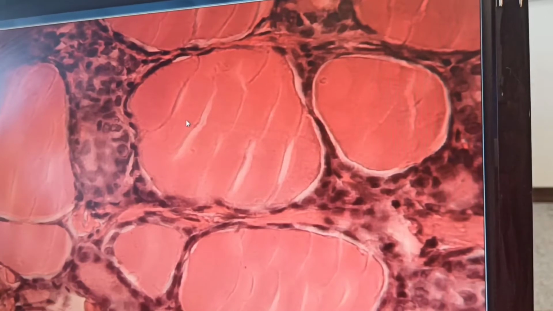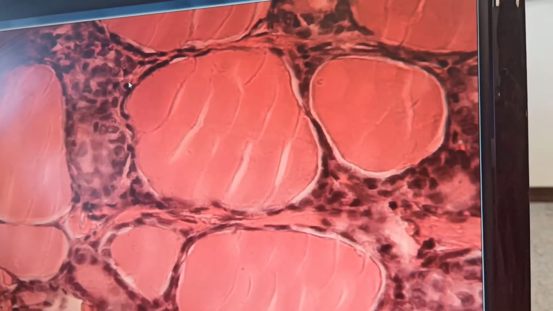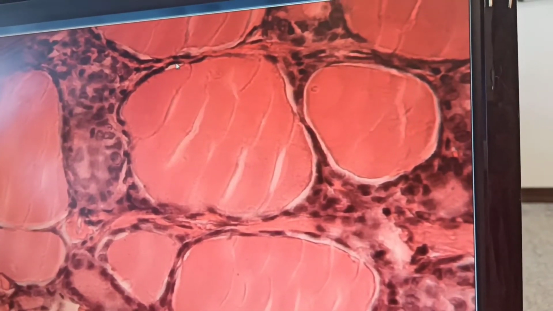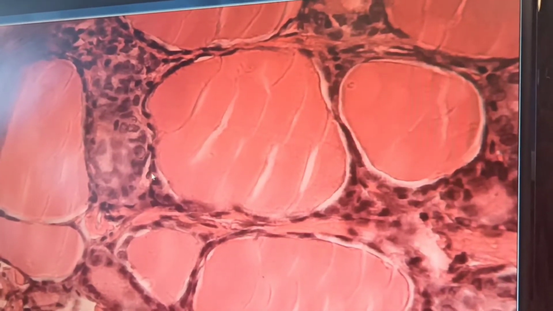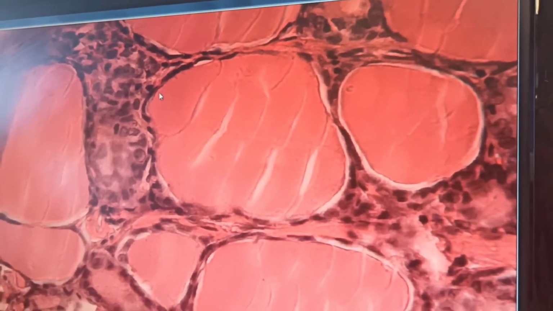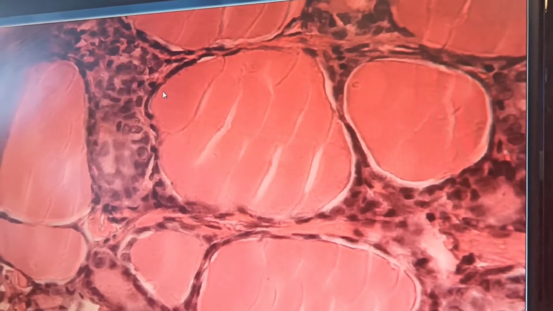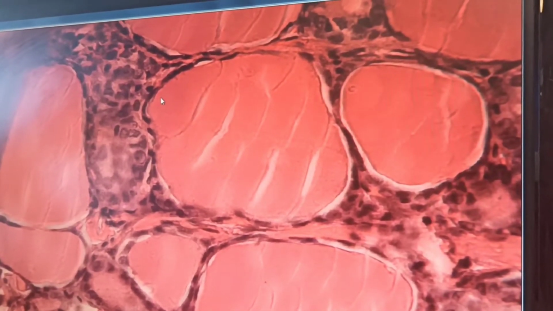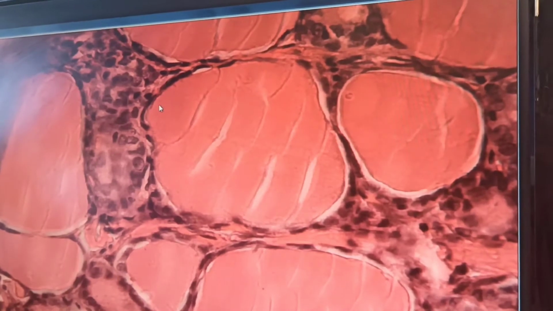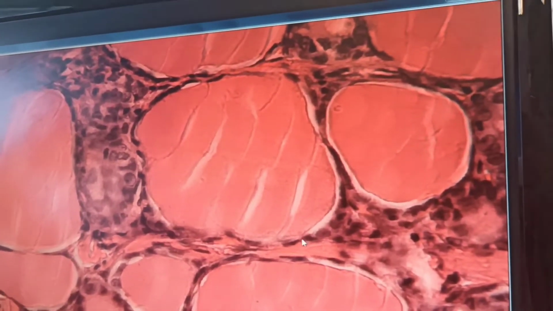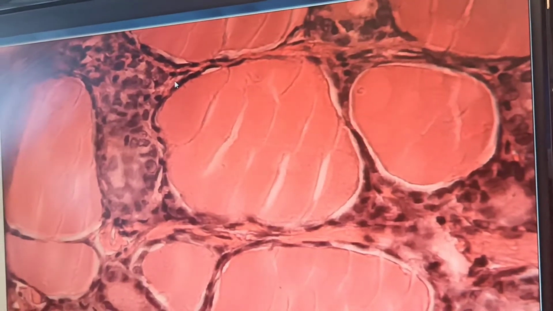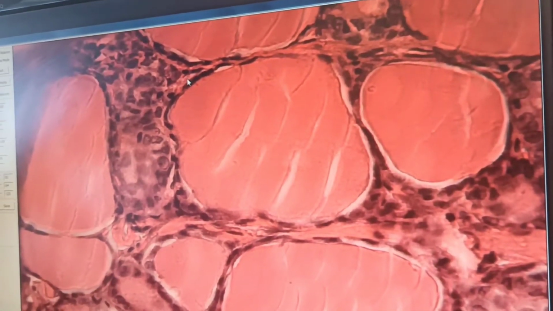So what epithelium covers the follicle? Simple cuboidal epithelium, and each cuboidal cell is called a follicular cell.